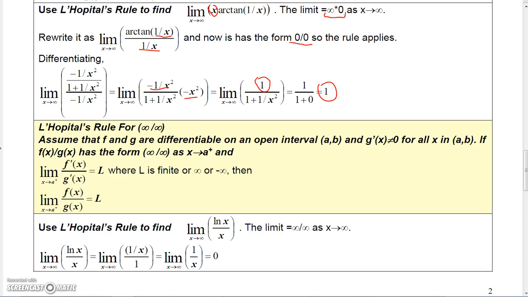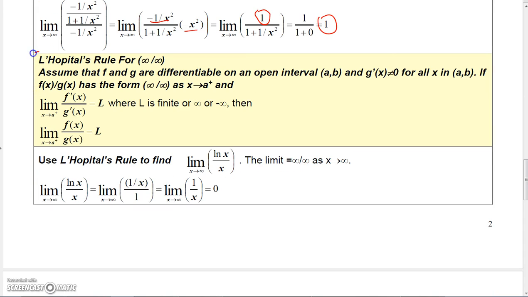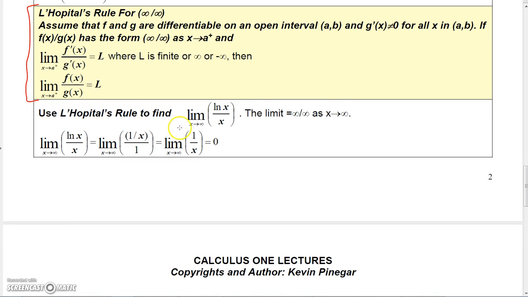That limit is 1. Now, L'Hopital's rule also works for the indeterminate form infinity over infinity. So let me show you an example of that one. If I have the limit of natural log of x over x as x approaches infinity, well, the natural log goes to infinity as x goes to infinity, and so does x. So this limit would be infinity over infinity.